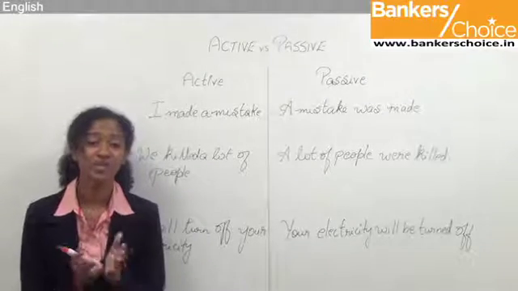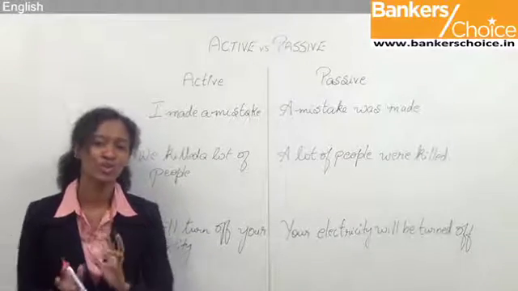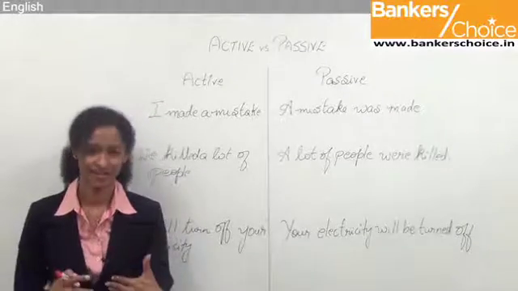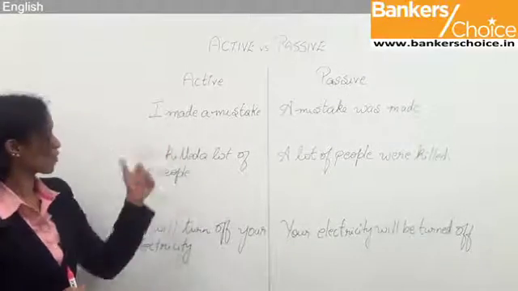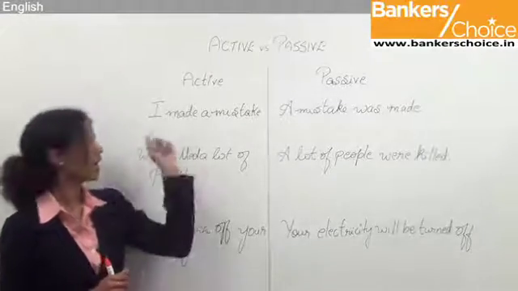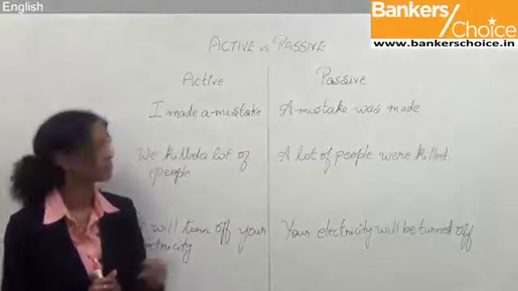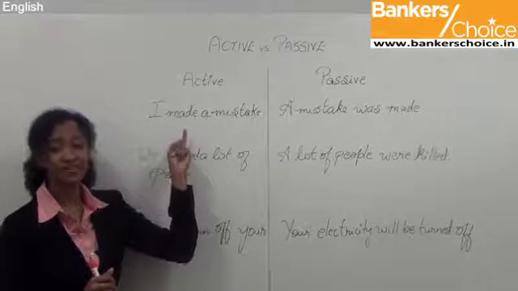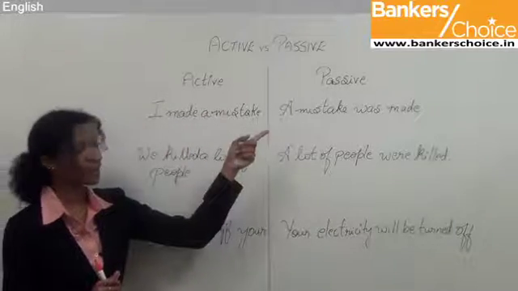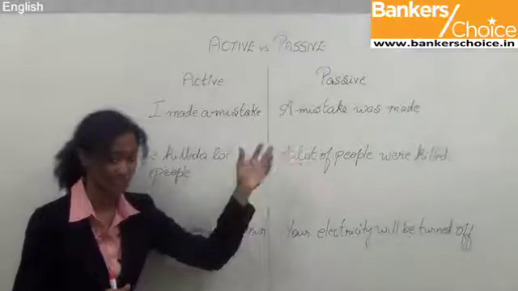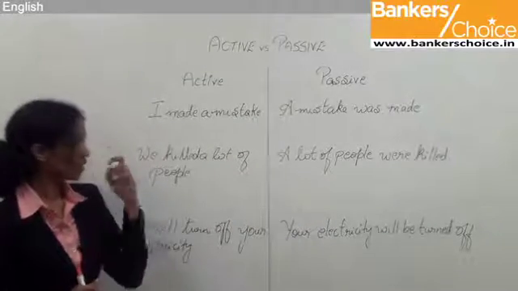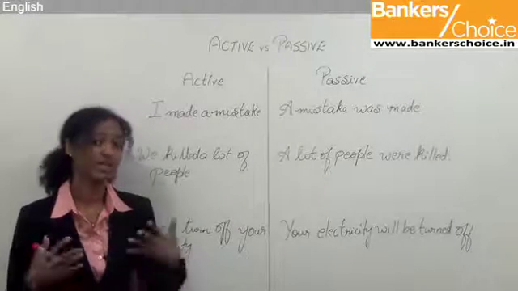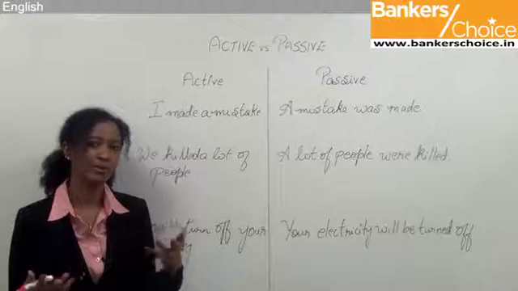Now we're going to look at which voice is preferred or used for businesses, for governments, and for regular writing. Okay. The active voice. Let's look at the first example. I made a mistake. A mistake was made. Right? Here the focus is on the subject I. There the focus is on the action, which is the mistake itself. Alright. Now, governments, for example, if they make a mistake, they will never admit saying I or we made a mistake.